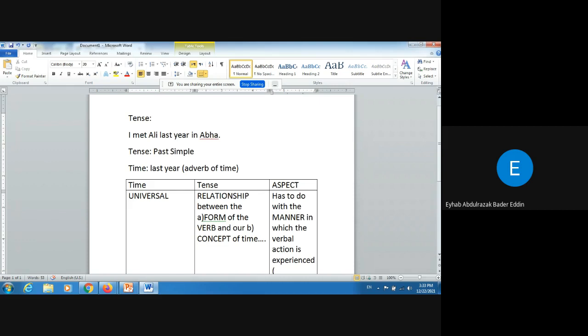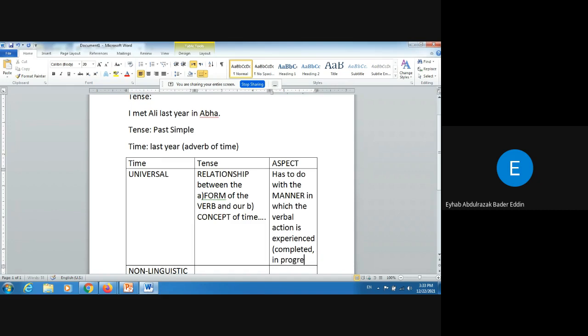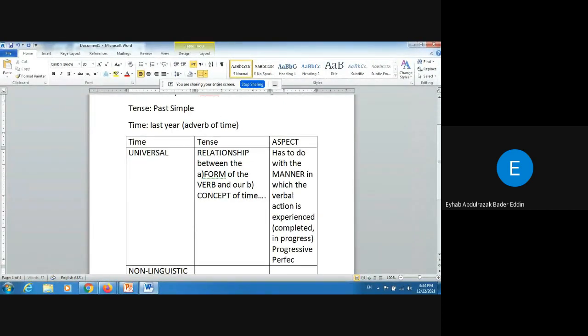For example, is this action completed or still in progress? If completed, then it is past simple. If it is in progress in the past, then it is past continuous, right? So that's why under aspect, we have progressive and we have perfective, right? Clear? Yes, doctor. Are you sure about this? Yes. Okay.